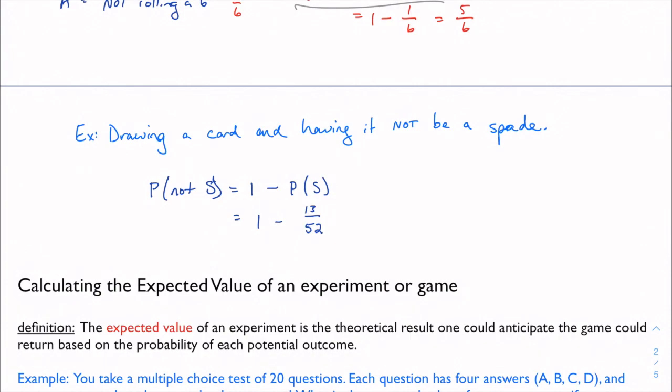So 52 minus 13 is 39 out of 52, which should just be, yep, 75%. So that's all this is saying: if sometimes you have a more complicated event, it might be easier to look the other way instead.